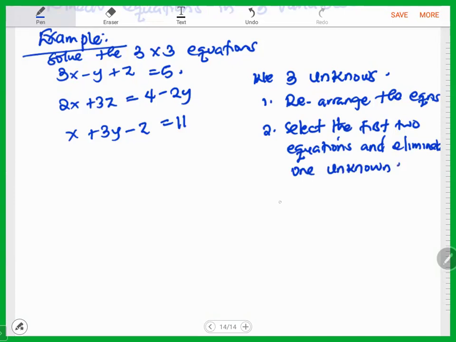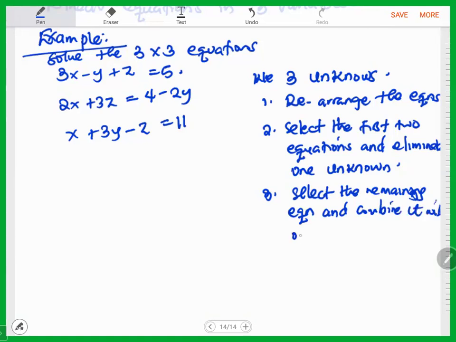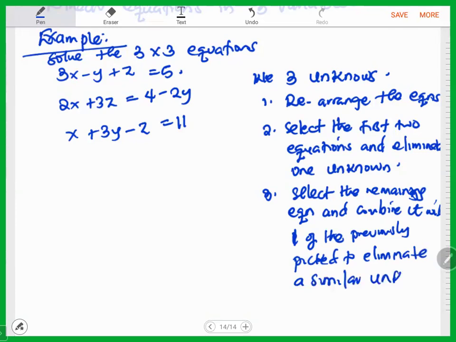Three, select the remaining equation and combine it with one of the previously picked to eliminate a similar unknown. Four, solve the two equations formed.